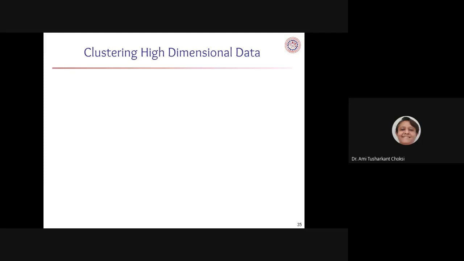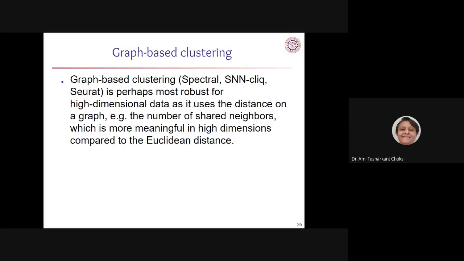Let us look at clustering high dimensional data. Graph-based clustering is perhaps the most robust for high dimensional data as it uses the distance on a graph, that is the number of shared neighbors, which are more meaningful in high dimensions compared to Euclidean distance.